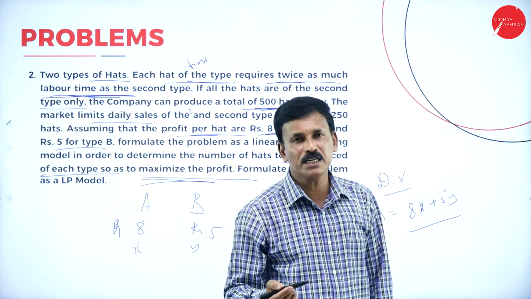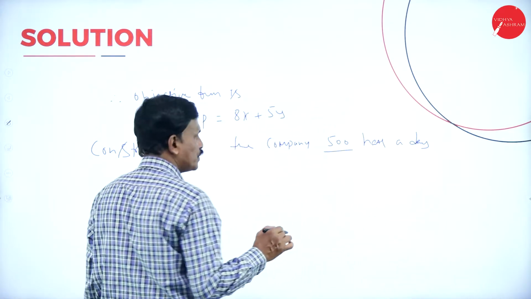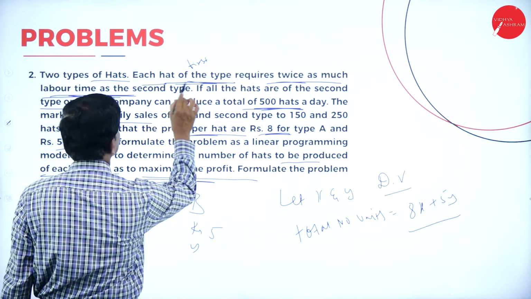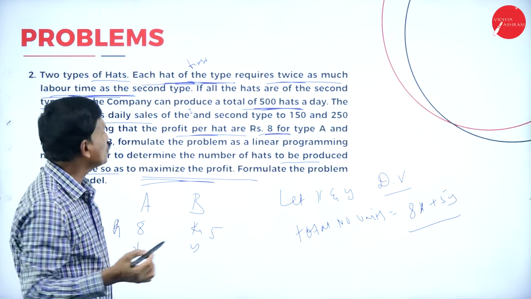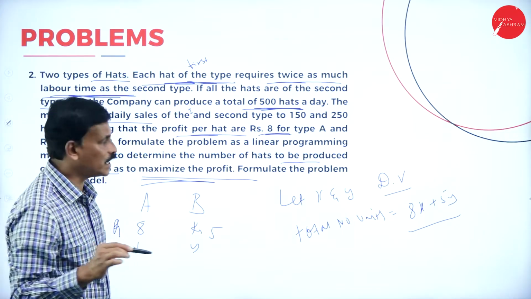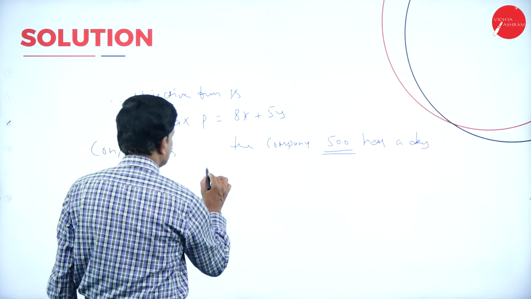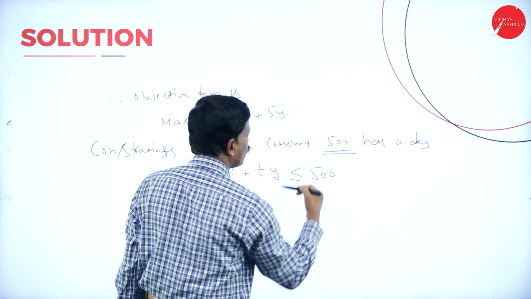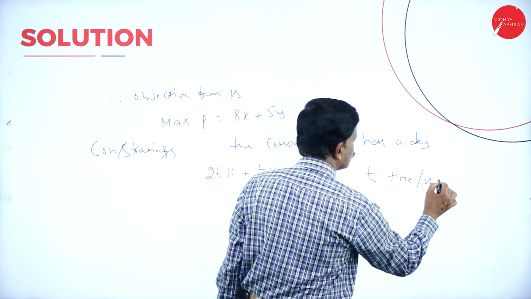Suppose T is the labor time, then A requires 2 times that of B. That can be put in the form of an equation: 2T times x plus T times y is less than or equal to 500, where T is the time per unit.